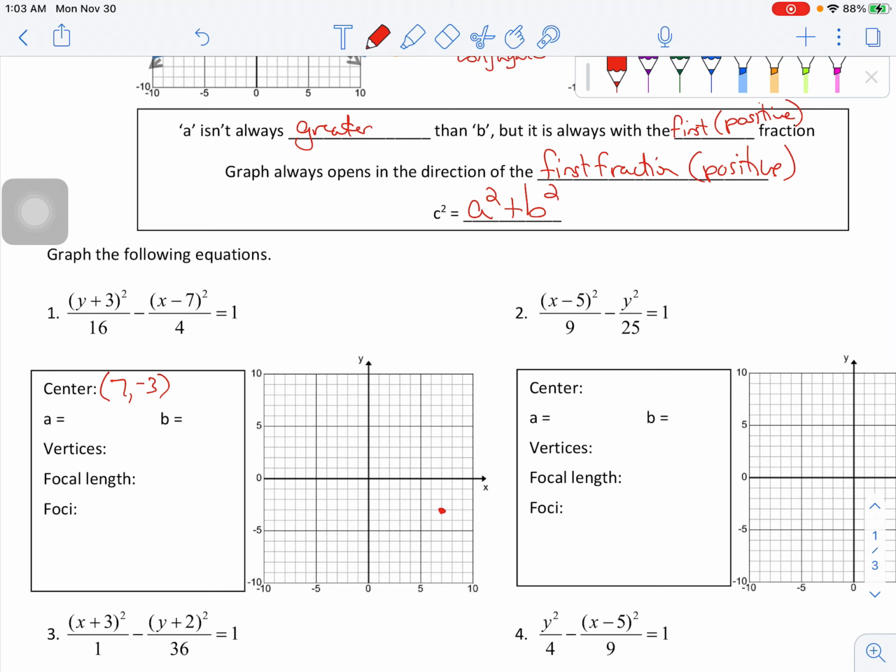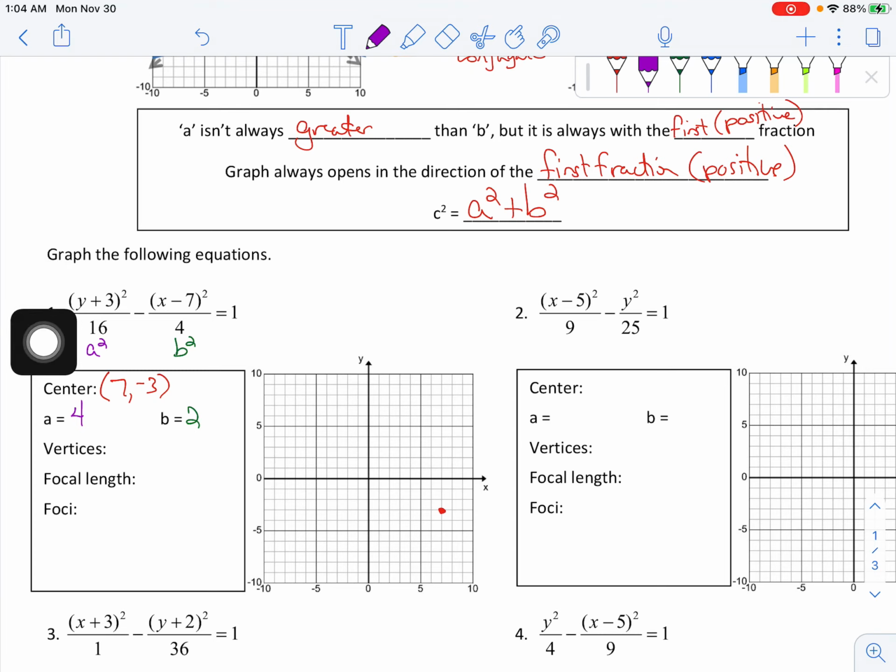There is my center. So a isn't necessarily greater, but it's always with the first fraction here. So 16 is a squared, and 4 is going to be b squared. If we square root those, a is going to be 4, and b is going to be 2.